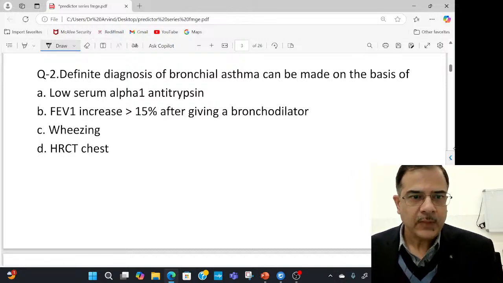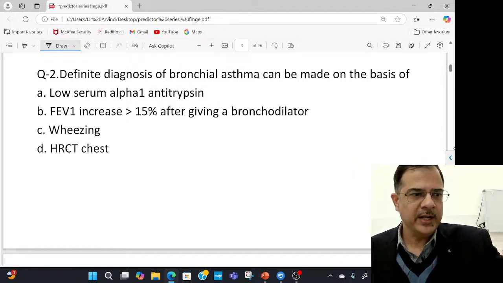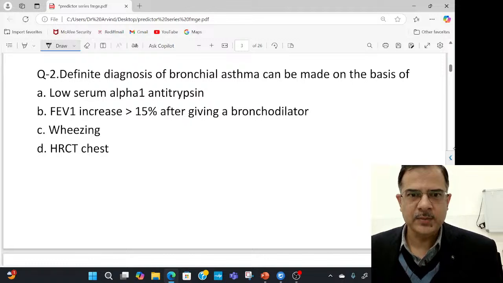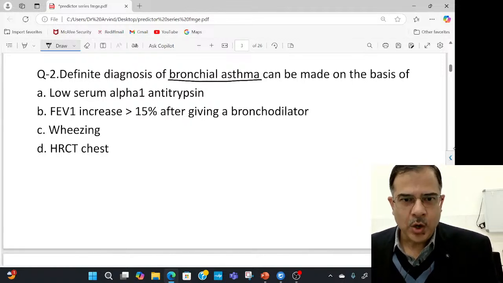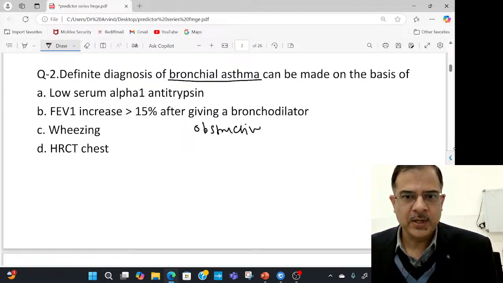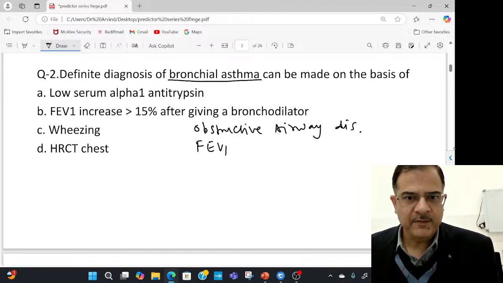Now, definitive diagnosis of bronchial asthma can be made on the basis of the most important thing here. Bronchial asthma is an obstructive airway disease. So to make a diagnosis of bronchial asthma, an important point is the ratio FEV1 upon FVC.